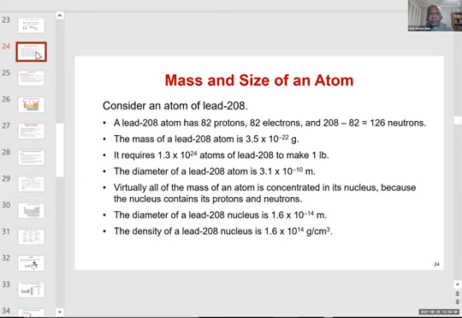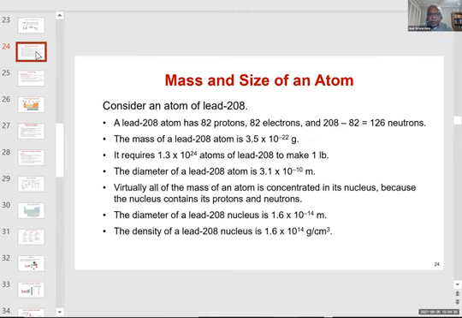So you need to know how to get the number of protons and neutrons for different isotopes. Normally, lead 208 is written as lead with a superscript 208, the mass number, on the left side.